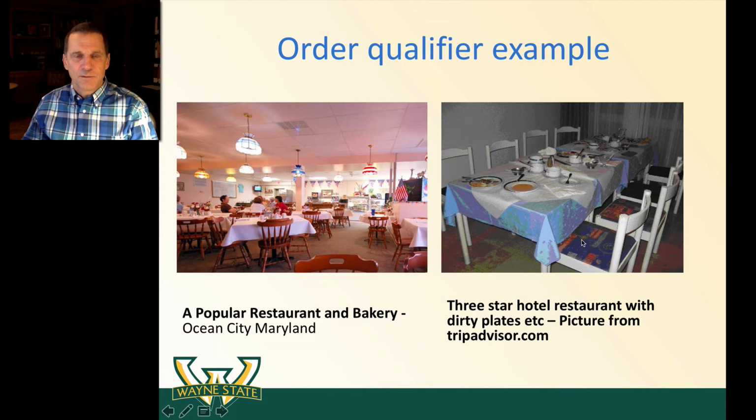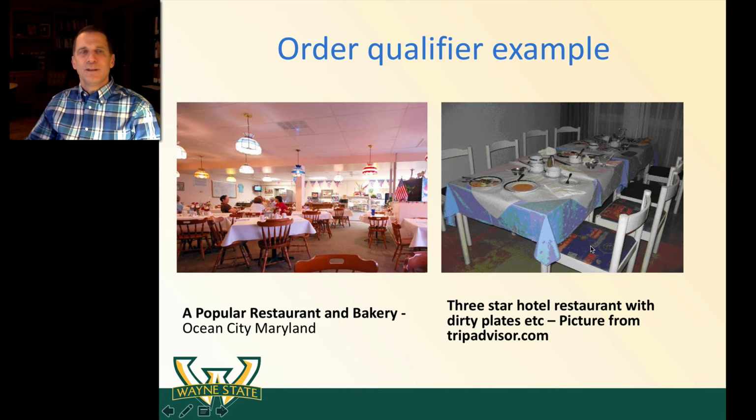This other picture, and maybe I can find a dirtier one, is intended to show a place where you walked in and said, my gosh, there's dirty stuff all over the tables, the floor looks dirty, it's not well lit, dingy walls and drapes. I don't know if this restaurant meets my minimum threshold. Maybe nothing else matters if they don't pass the order qualifier level.